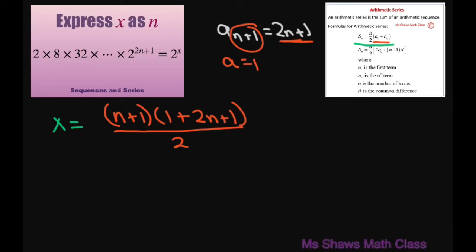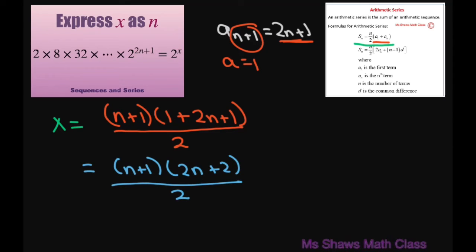All right, let's simplify all this. So we get n plus 1 times 2n plus 2, all divided by 2. All right, and if you simplify all this, you're going to get 2n squared plus 2n plus 2n plus 2, all divided by 2, or you could have divided first by 2.